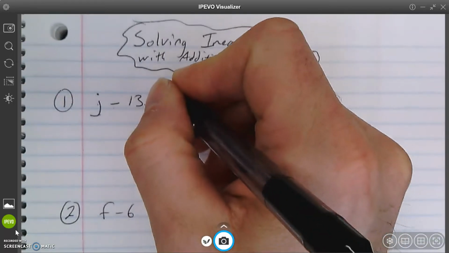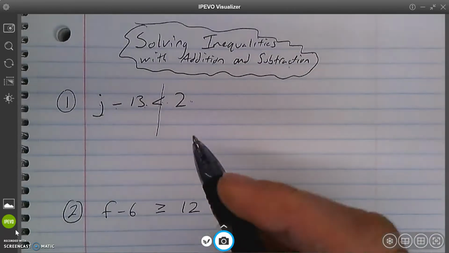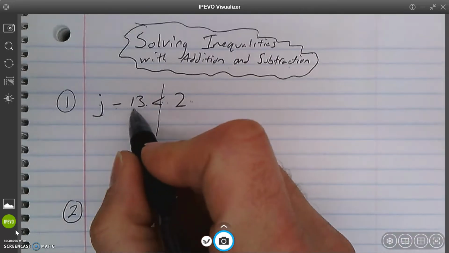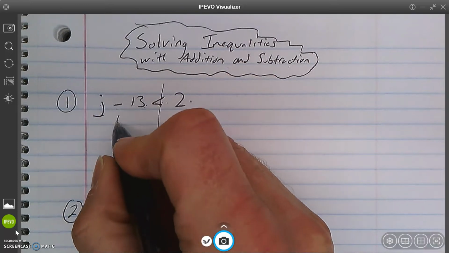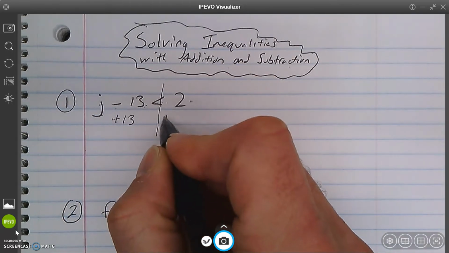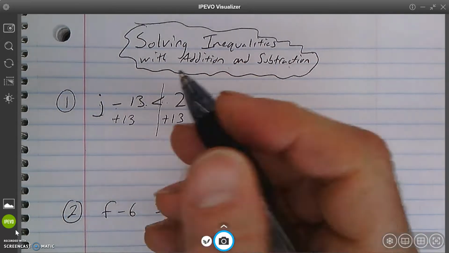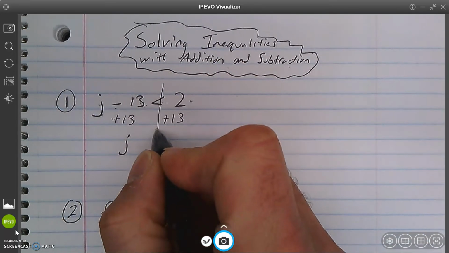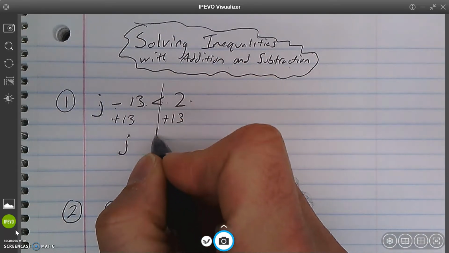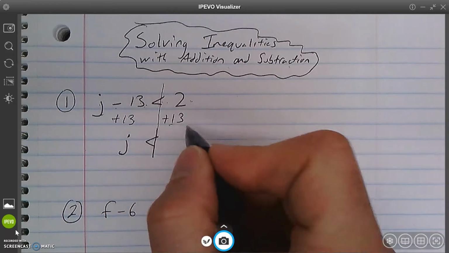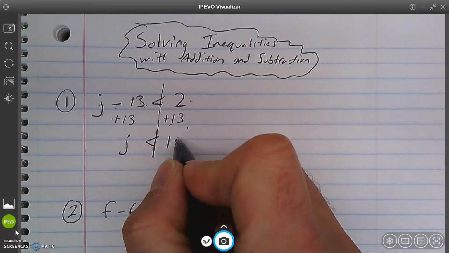The way to do that is we just solve it. The opposite of subtracting 13 is adding 13. So negative 13 plus 13 is 0, and this is less than 2 plus 13, which is 15.